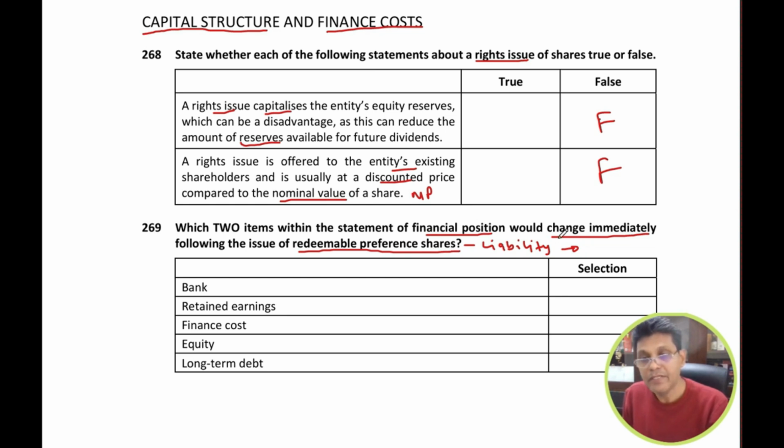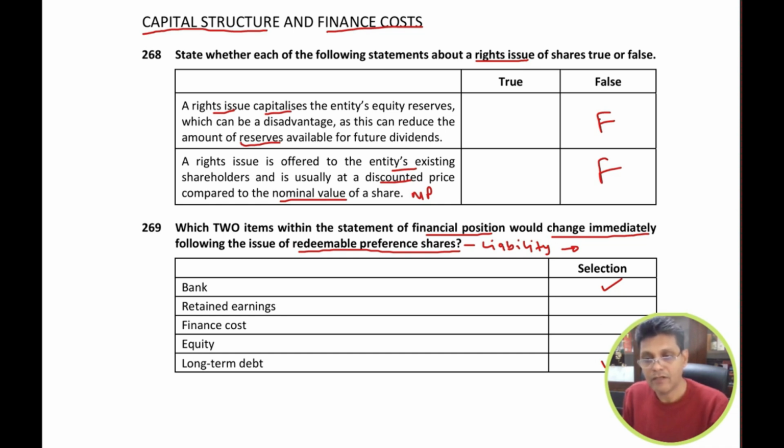So what is the immediate change to the financial position? Once it is issued, the company will receive cash. So it will impact the bank account, and also you create a liability. So it will be a long-term liability, which is basically more than 1 year. So immediately these two accounts will change.